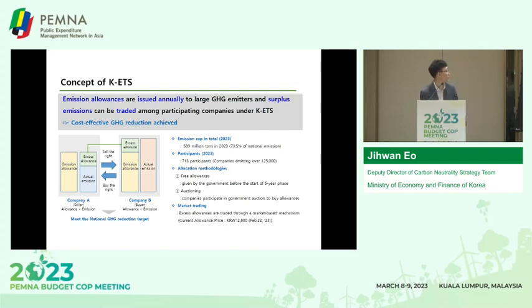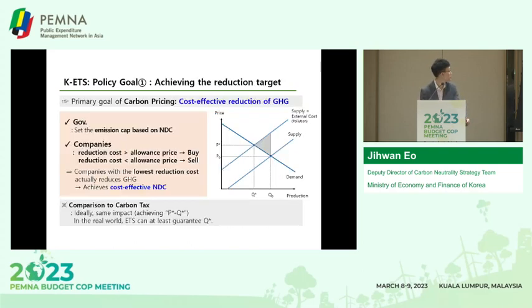On the right, you can see some basic information related to K-ETS, like emission cap, participants, and allocation methodologies. One of the main objectives of K-ETS, like every other carbon pricing system, is to achieve the reduction target in a cost-effective way.